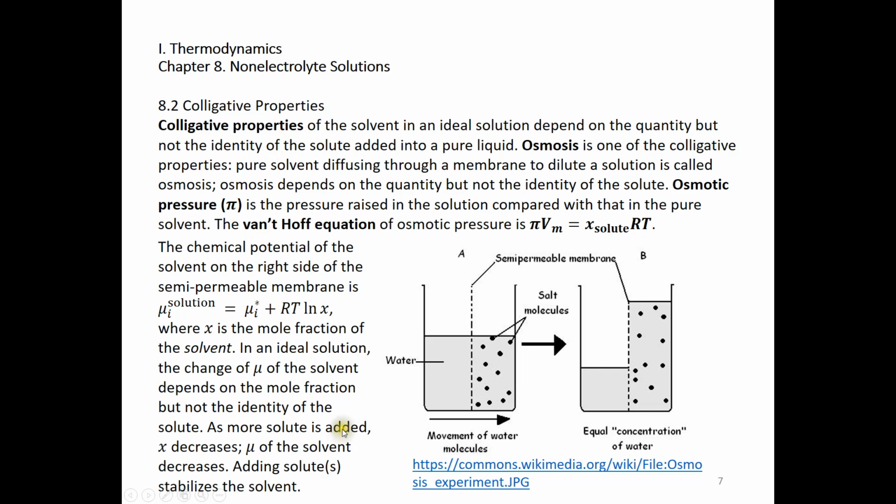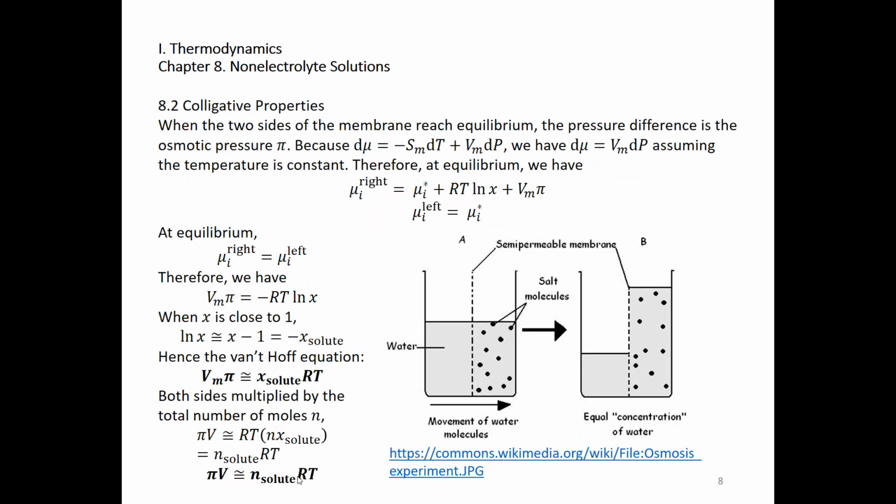As more solute is added, X decreases, mu decreases. Well, I'm talking about the mu of the solvent. It decreases, and X is also the mole fraction of the solvent. So that means adding solute stabilizes the solvent. Lower chemical potential means more stable.